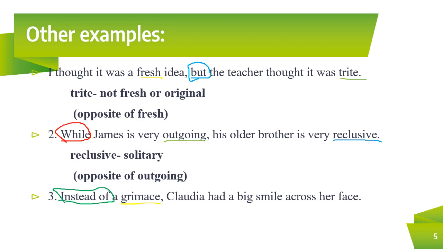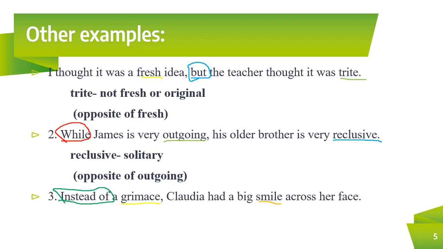So now let's look at the word that is opposite to the word grimace. So what is your guess? Okay, correct. It's smile. Because if you analyze the sentence, instead of a grimace, what did Claudia do? She had a big smile across her face.